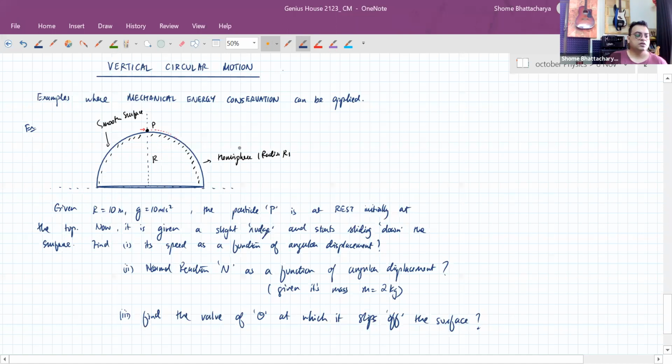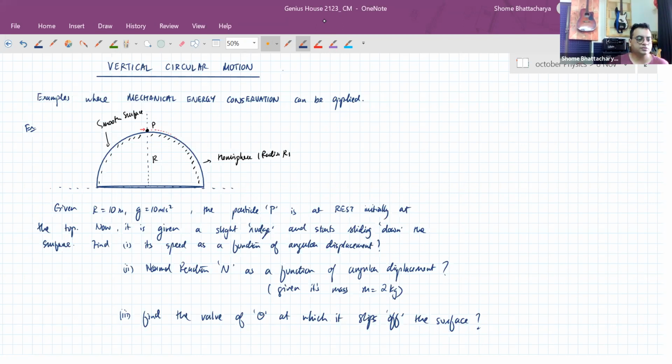Somewhere in between, it will slip off the surface and go into a projectile motion instead. So we have to find the value of theta at which that happens. Once you find the value of theta, you can also find the speed v at the position where it slips off the surface.